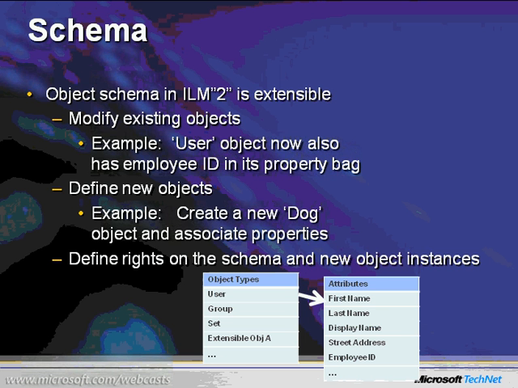So to recap, schema in ILM is completely extensible. You can modify any of the object types in the schema, add and remove attributes as you wish. You can also introduce new object types. An important thing to note here is that these new object types that you introduce into the schema become first-class citizens of the platform. So there is no such thing as special support for users and groups in ILM.